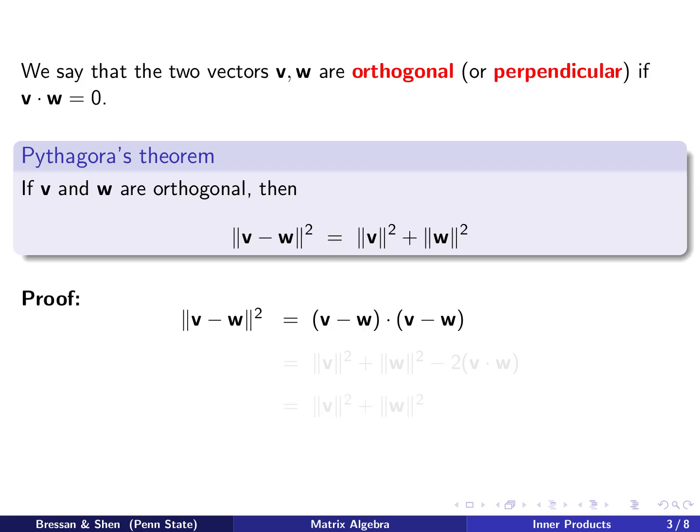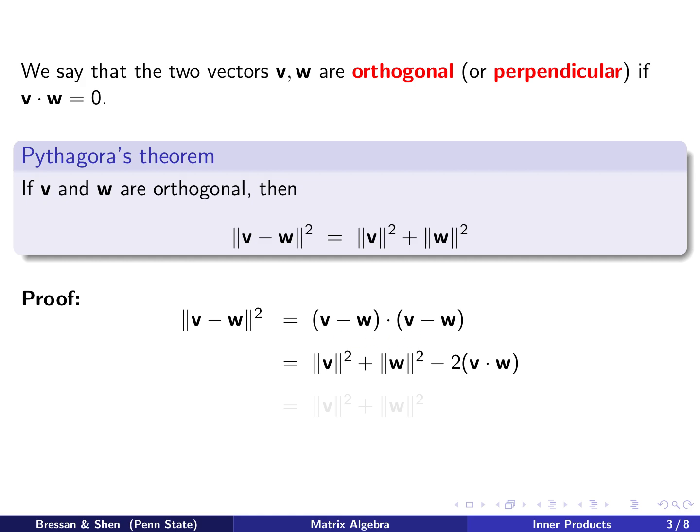Okay, so we can do a quick proof of this, actually a much simpler proof than what we did for the Cauchy-Schwarz inequality. Let's start from the left-hand side and try to reach the right-hand side. So the norm squared of v minus w equals the inner product of this vector with itself. Now we're going to expand this.